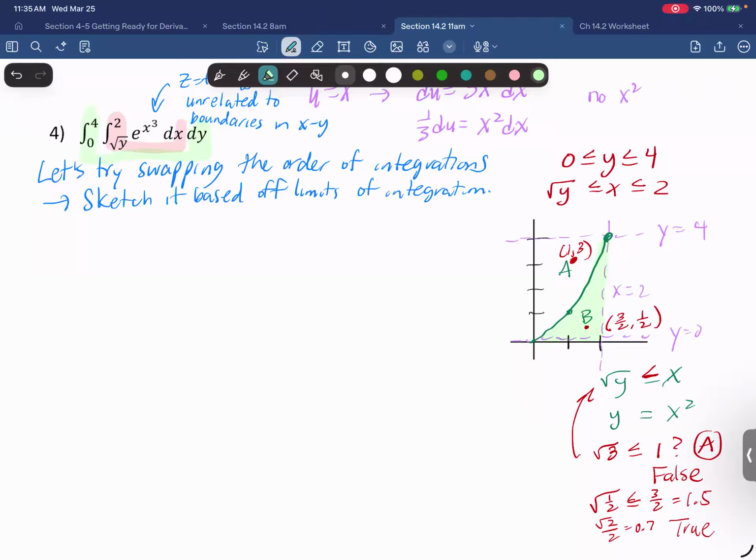And we were doing dx earlier, and now we want to switch to dy on the inside and dx on the outside, which means the outer integral is dx. It looks like dx is going from 0 to 2.